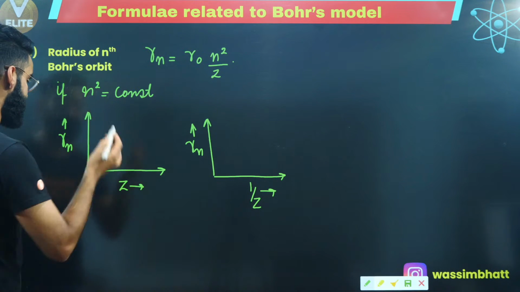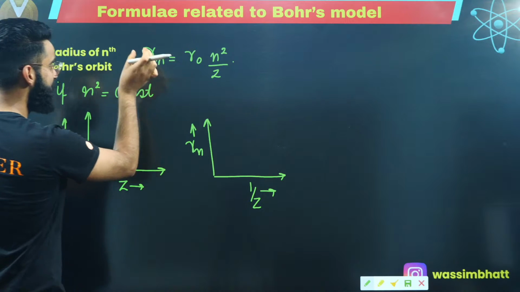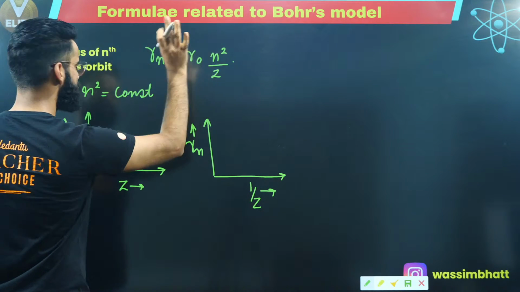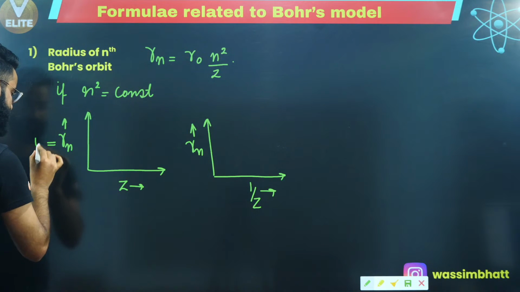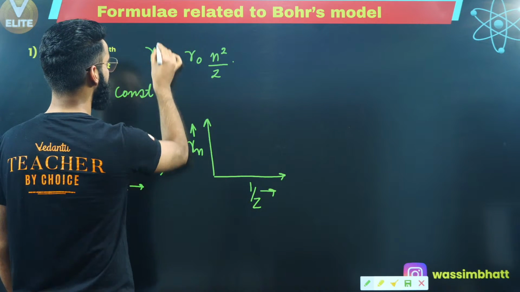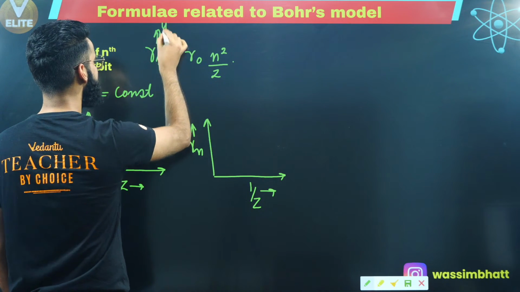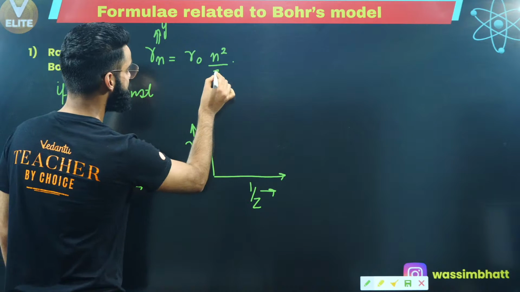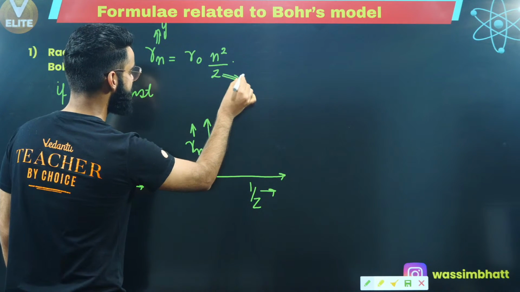These are very important. See, my basic equation says radius of nth orbit is equal to r naught n square upon z. Since n square is constant, I'm plotting radius of nth orbit along y-axis, I'm plotting z along x-axis. So instead of Rn, I'm going to write y, because I'm plotting this term along y-axis. Instead of z, I'm going to write x over here.